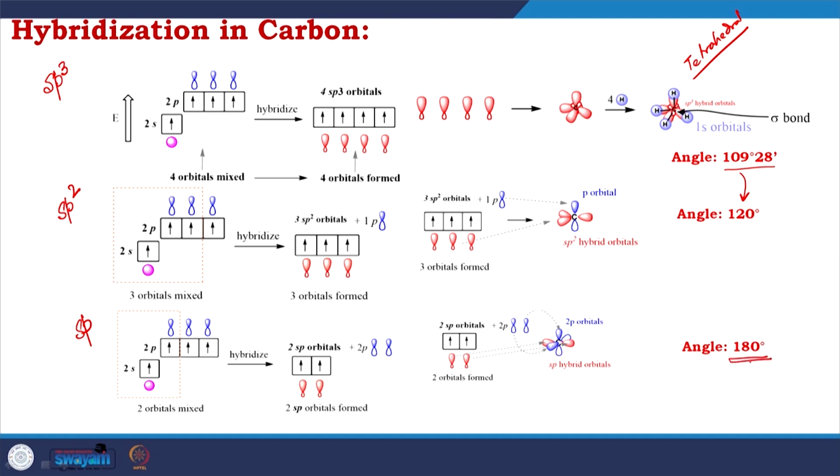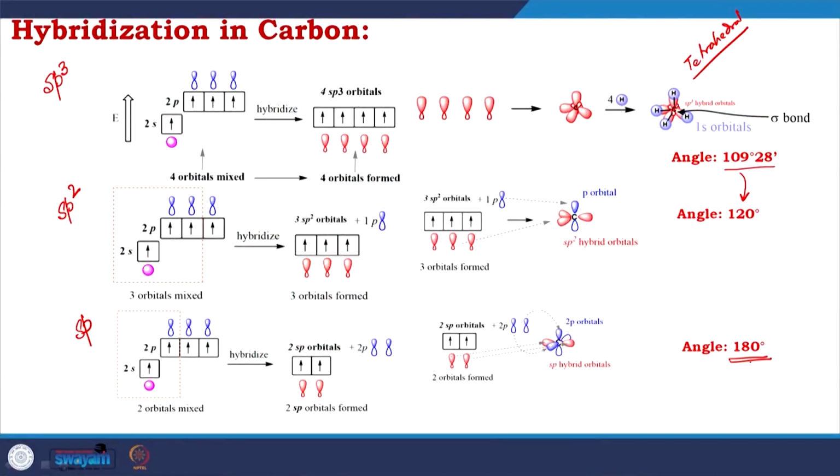When we are talking about protein, mostly what we need is sp3 and sp2 hybridization. Remember, I compared hybridization with khichdi, the hodgepodge.